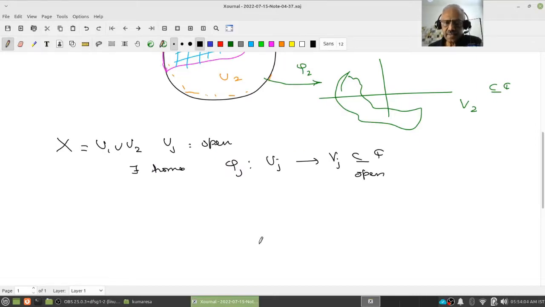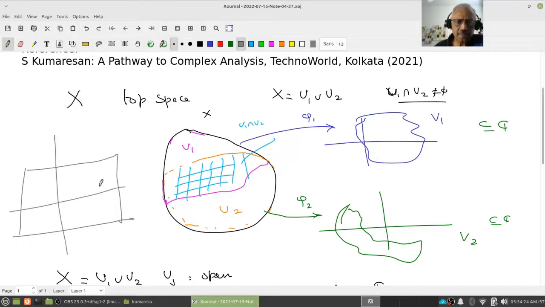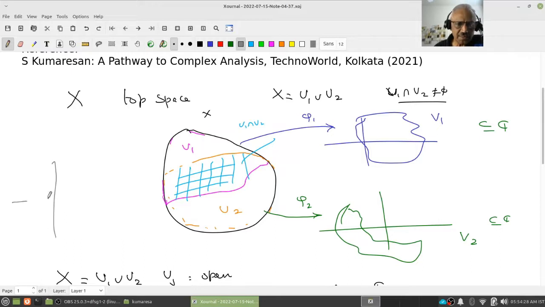Now suppose I have a function into the complex plane. Maybe it's better to draw it simply like this.